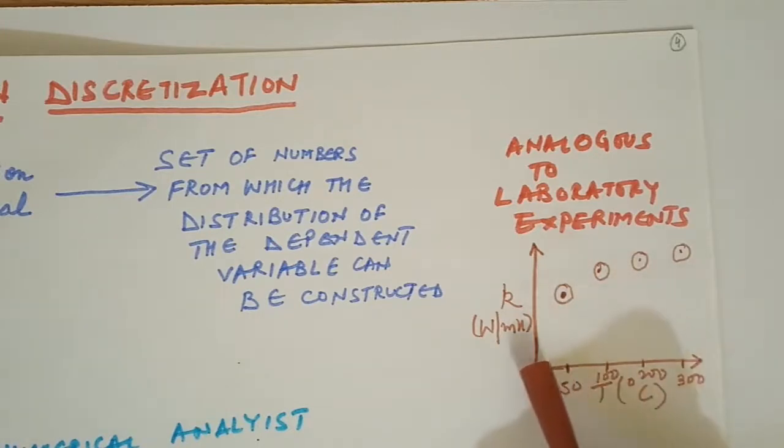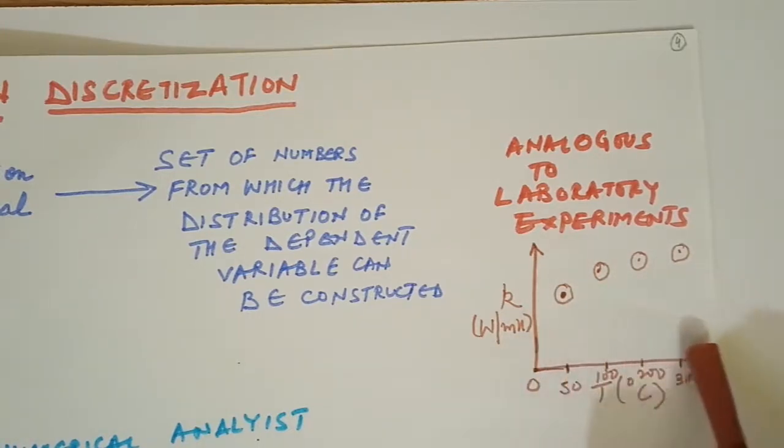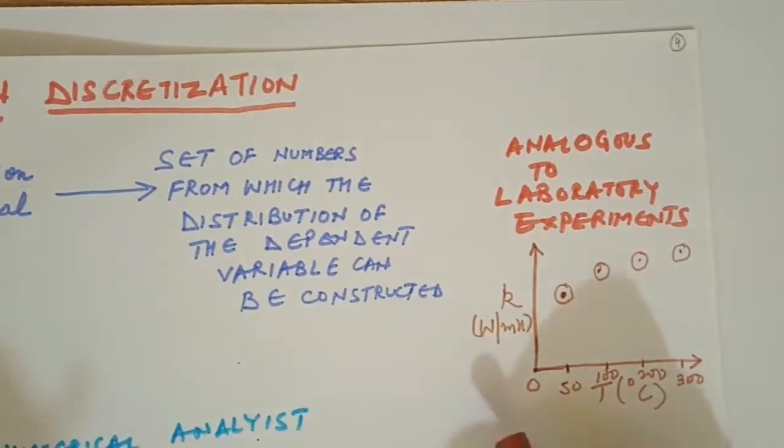So instead of going for the entire temperature range, say for instance I want to understand the thermal conductivity behavior between 0 to 300 degrees Celsius. It is not that I will carry out the experiment at each and every temperature within this range.